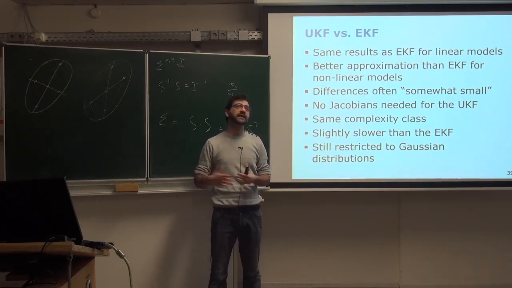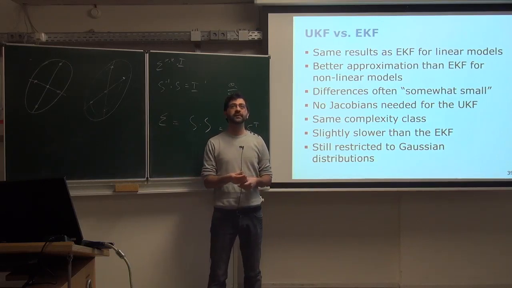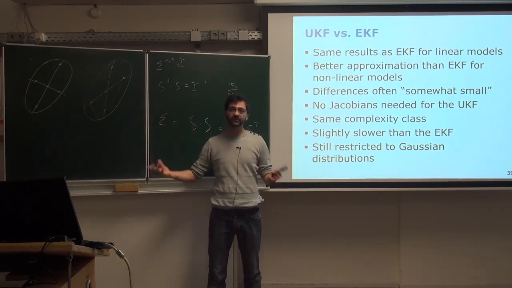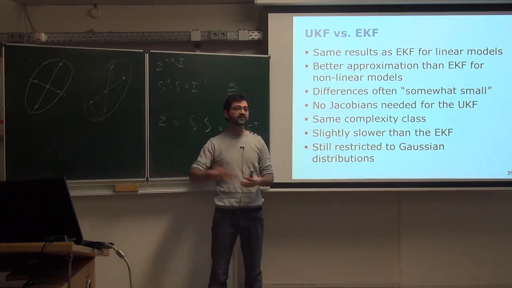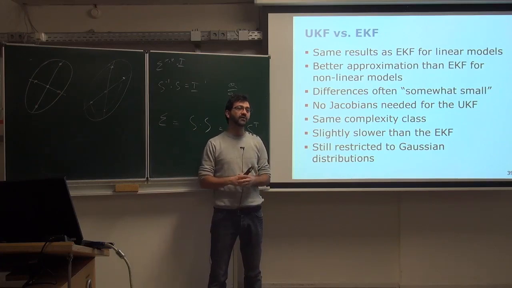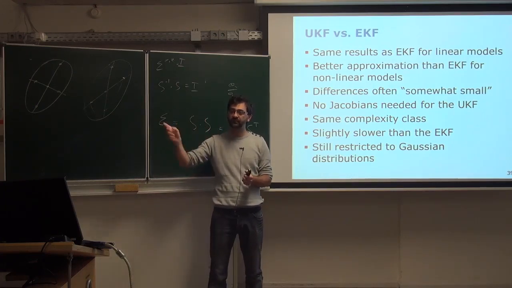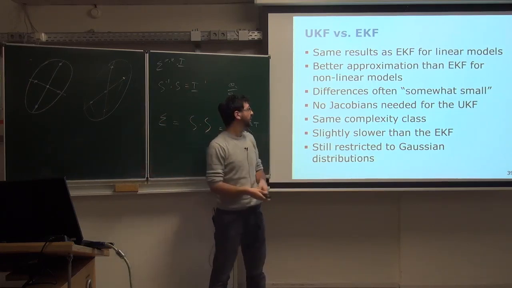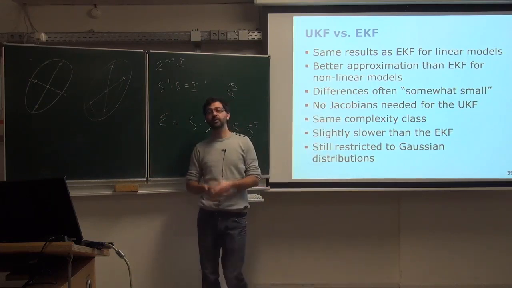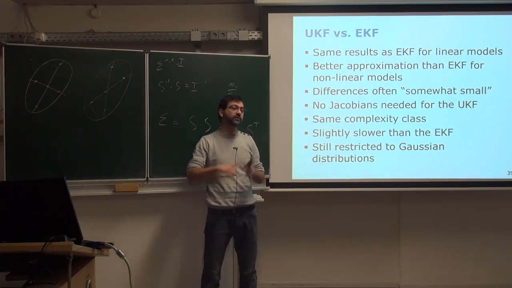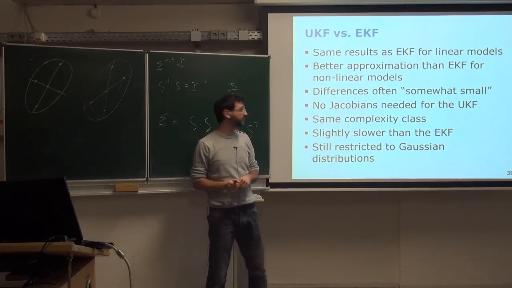An example of a potential observation model could be something where you want to include the uncertainty of an object detector in your observation model. The object detector is an algorithm. It's not clear how you can write this in an analytic form, so you can't compute the gradient, but you can still evaluate it point-wise in some way. You can just give different inputs to the algorithm. It will give you an output, which is a number, and then you can use it as transformed sigma points. Okay, so this is another plus of the unscented transform.